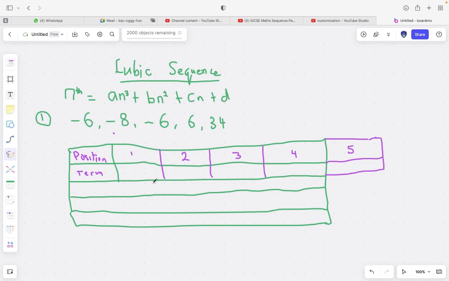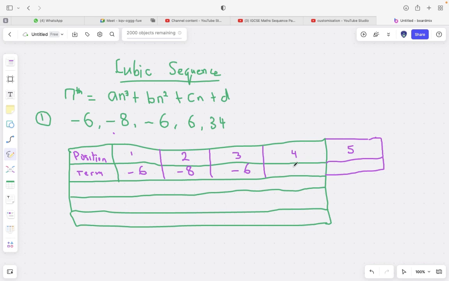Okay, this is position 1, position 2, position 3. Then we fill the term in. This is -6, first term. Second term is -8. Third term is -6 again.